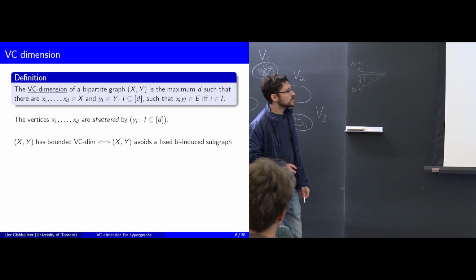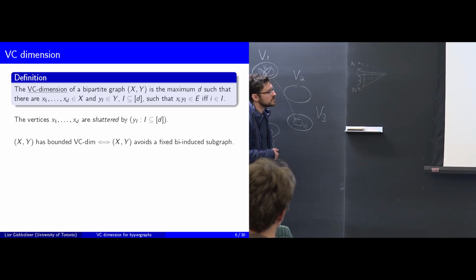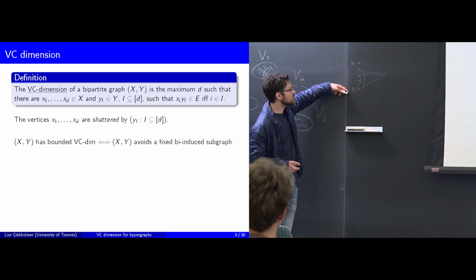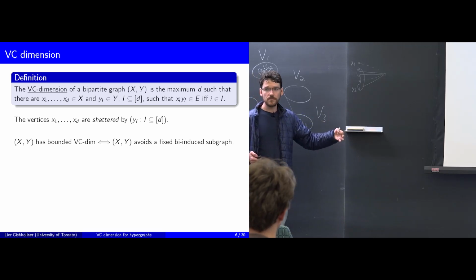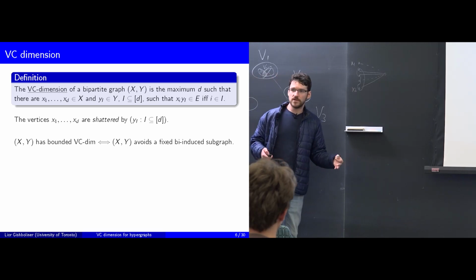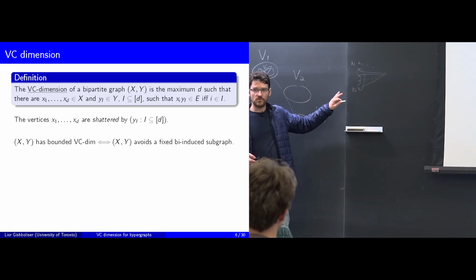Okay. So what does it mean that XY has bounded VC dimension? Or let's say, what does it mean that the VC dimension is unbounded? It means that I can find these vertices x1 up to xd and these yI's for any constant d. That means that I can find a bi-induced copy of anything, because any graph I can embed into one of these, right?